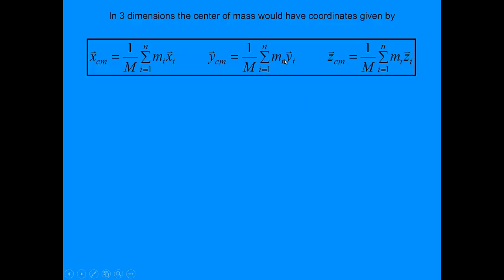That's the vertical position. And the z center of mass is 1 over the total mass times the sum from i equals 1 to n of all of the mi zi's, where zi is the in and out position. Positive out of the screen, negative in to the screen with a conventional right-handed coordinate system.